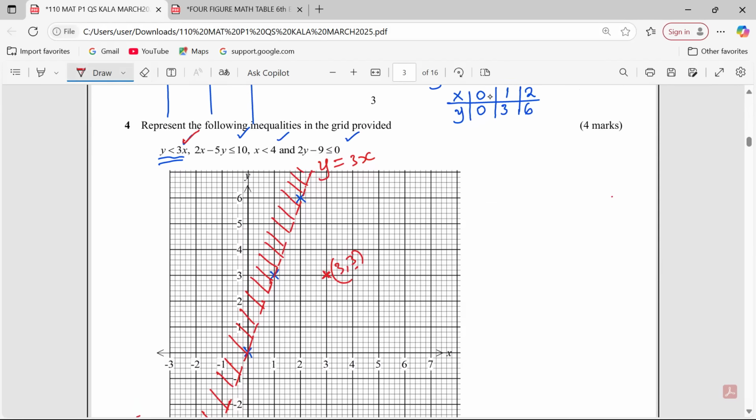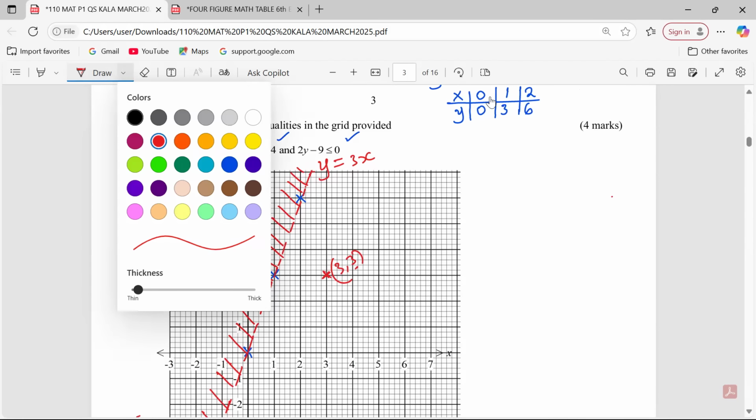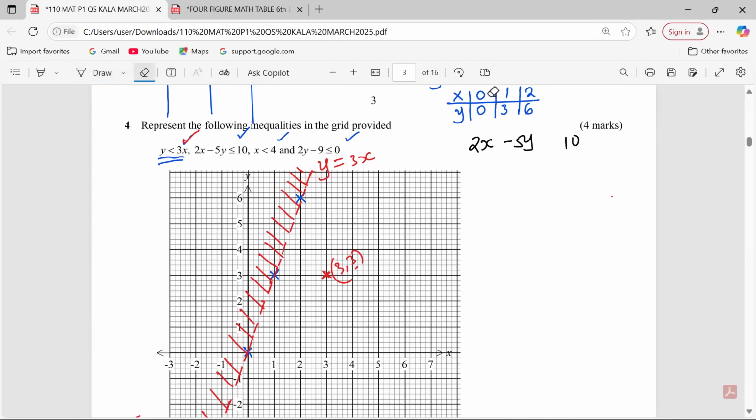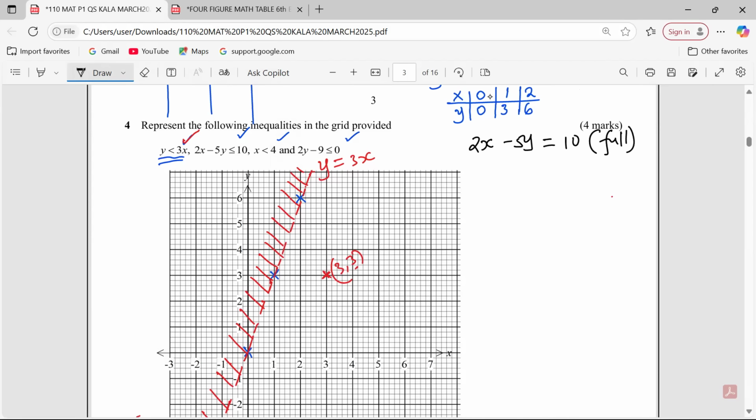Next, this is a borderline which is given us 2x minus 5y less than or equal to 10, which means that this will be represented with an equal sign there, and it shall be a full line because the inequality symbol is less than or equal to.